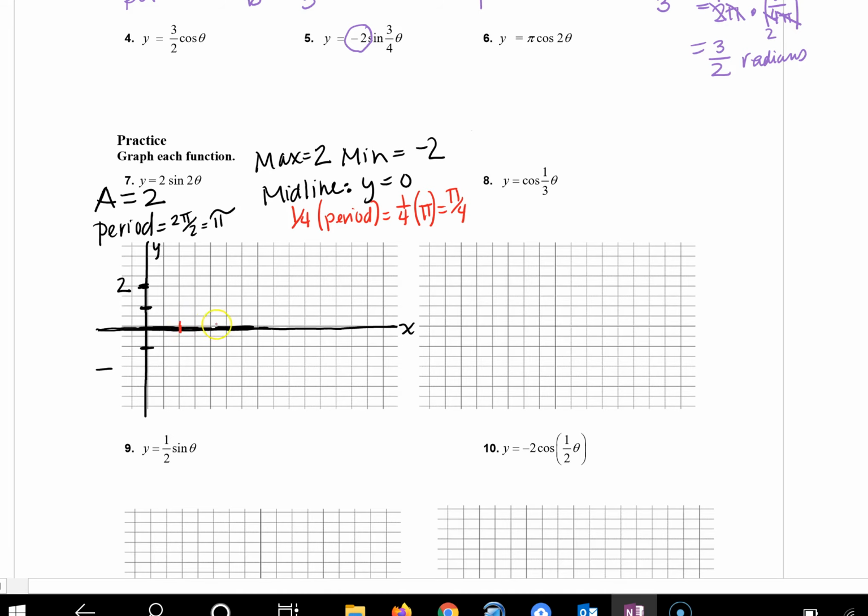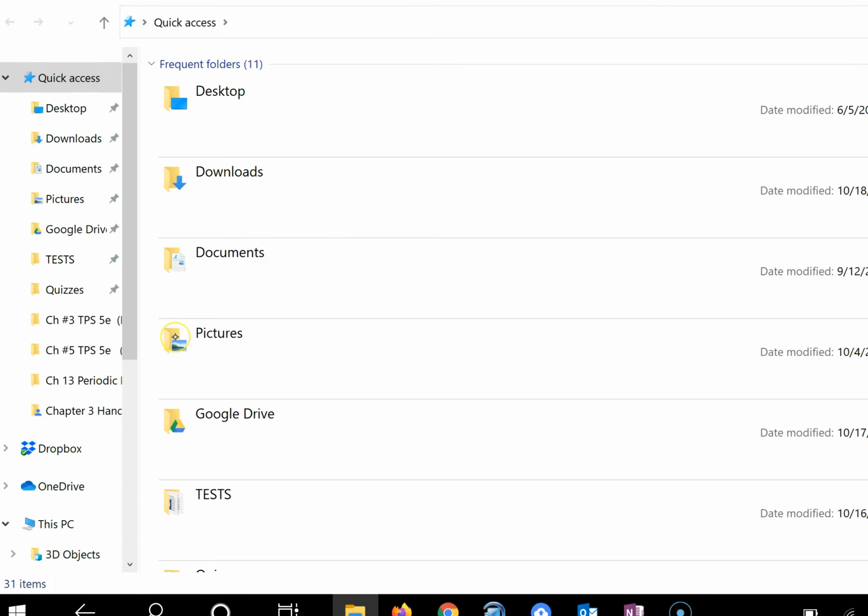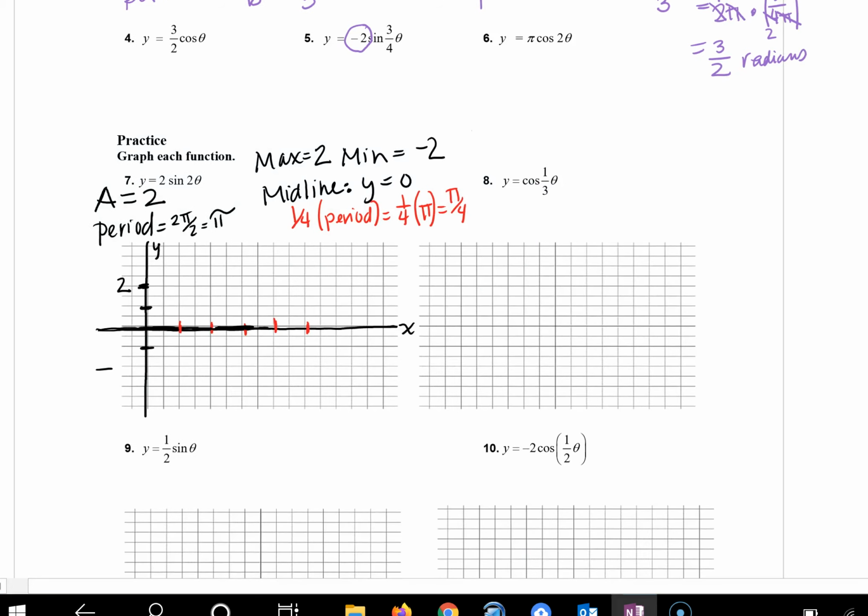So I make these tick marks on my axis, and the first tick mark will be pi over 4. Whoops, sorry about that. The first tick mark will be pi over 4. So I make this pi over 4. My second tick mark, this is 1/4 pi, will be 2/4 pi, which is pi over 2. 3/4 pi, 1 full pi, the end of the period.